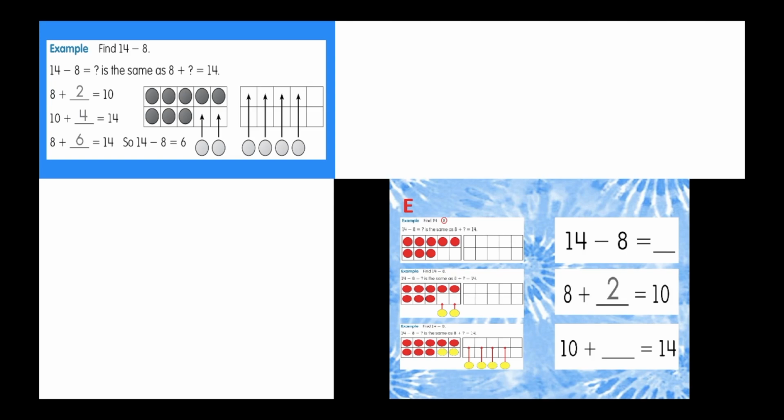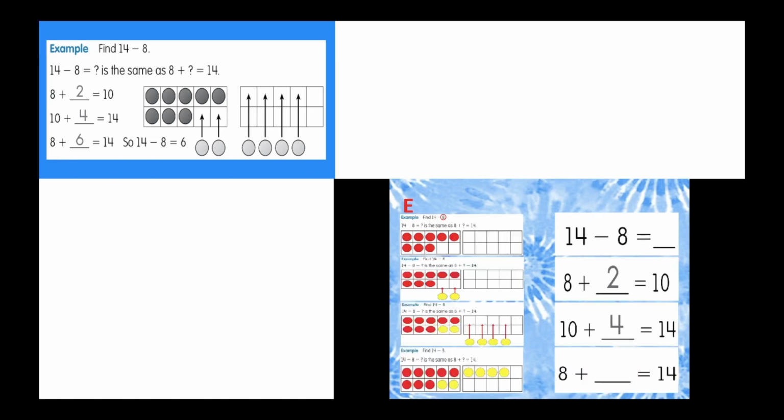So we needed to add 4 more counters to represent 14 as our whole. So we added 4 yellow counters. I can now complete my addition sentence to show that 10 plus 4 equals 14. So now I have my whole. Remember, I'm using addition to subtract.